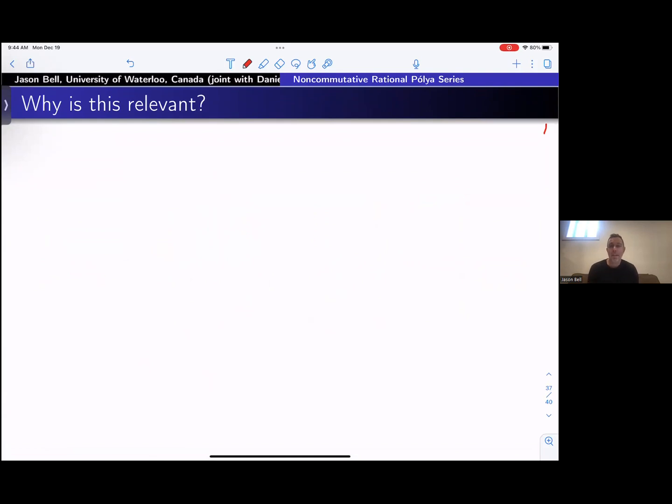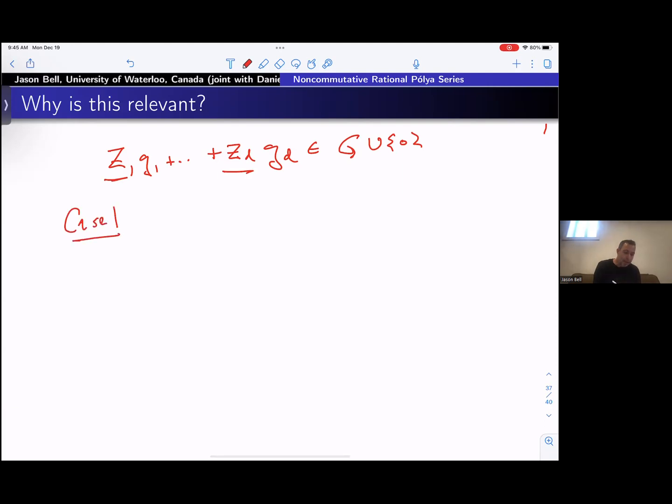Let's talk about why this theorem is relevant to us. So we saw before we were getting equations like this, and we were getting lots of them, z1 plus ... plus zd. Well, what happens is we can look at case 1, where some proper subsum vanishes.